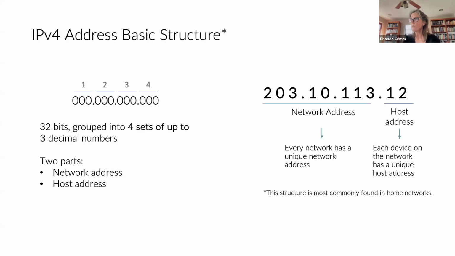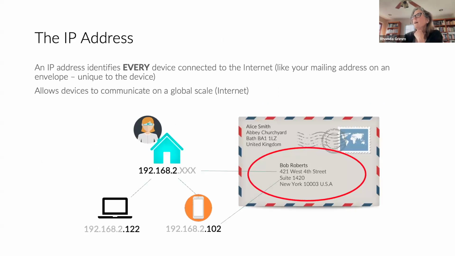In this case, the most common setup you're going to run into is that the first three sets are the network address, and the last set of digits is the host address. Every network has a unique network address, and every device on that network has a unique host address. The IP address identifies every device connected, and because of these network address schemes, it allows the internet to scale.